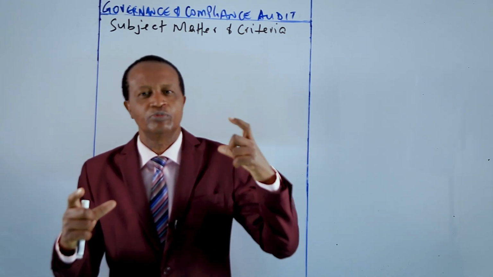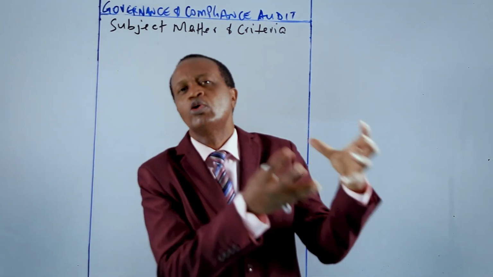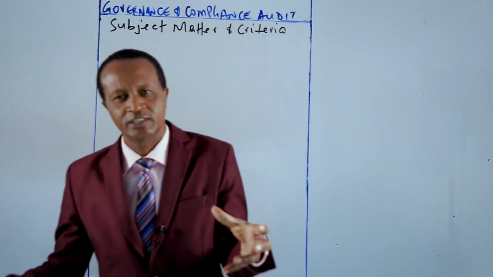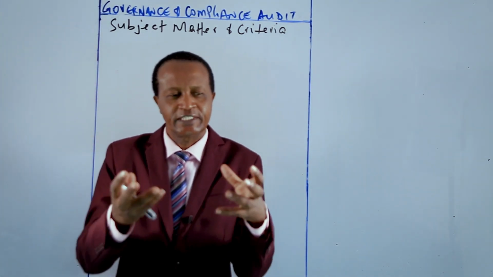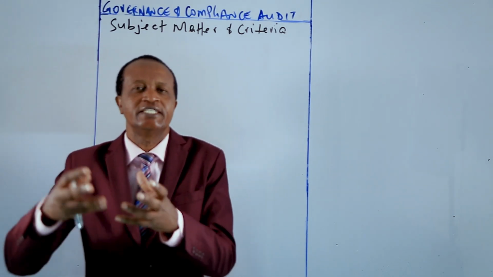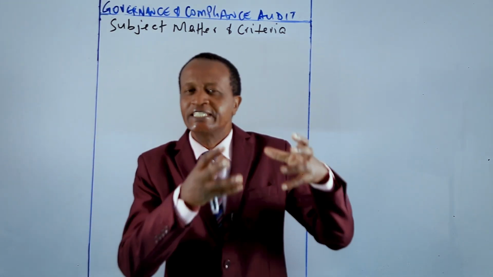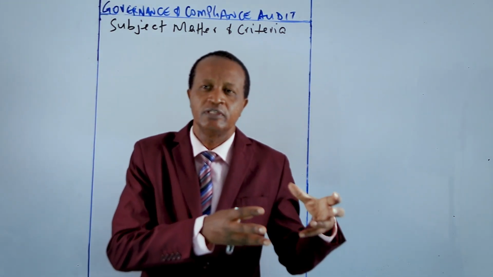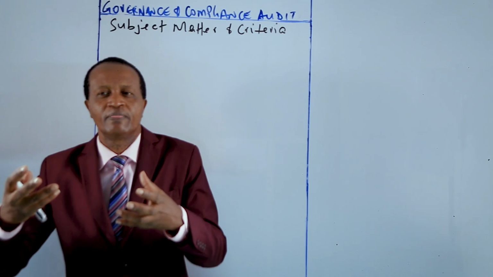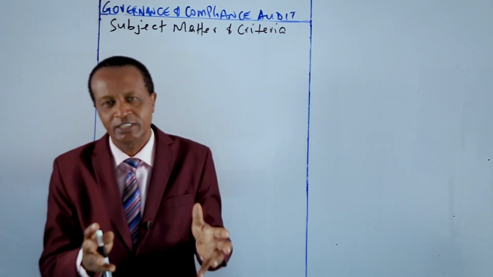Alright? It could be the governance framework, that could be the core element that's being examined. It could be a specific business process or a system or technology. The audit team could also be examining the internal controls, or a specific report or statement.